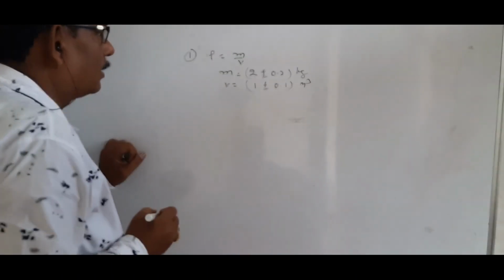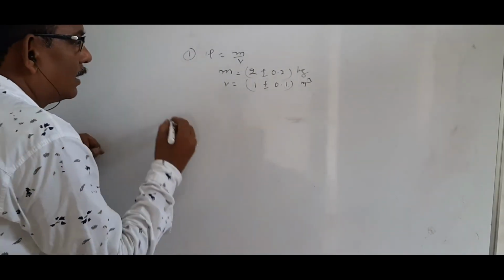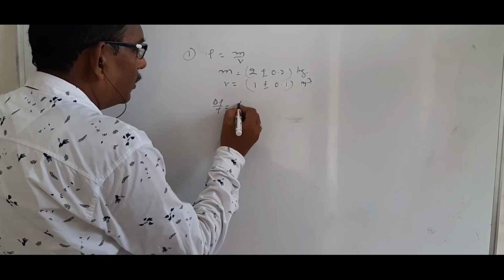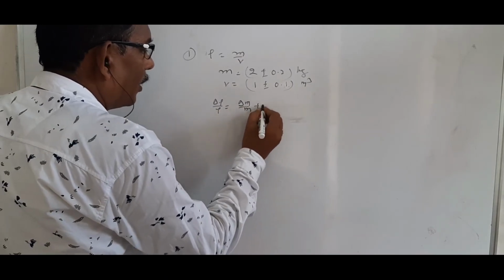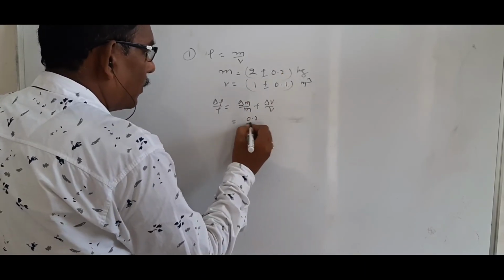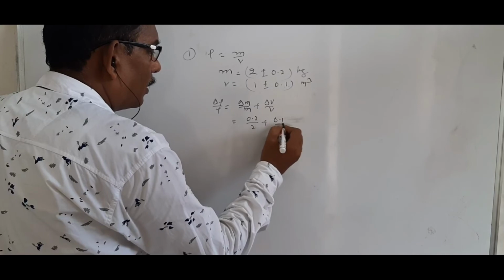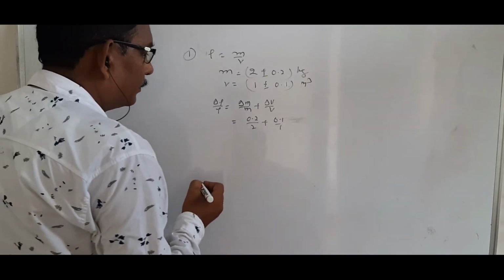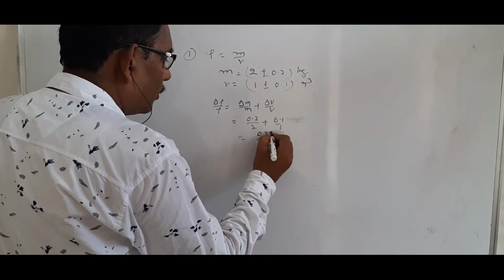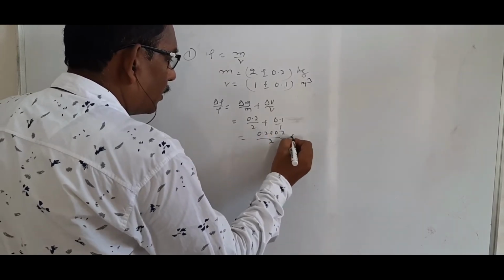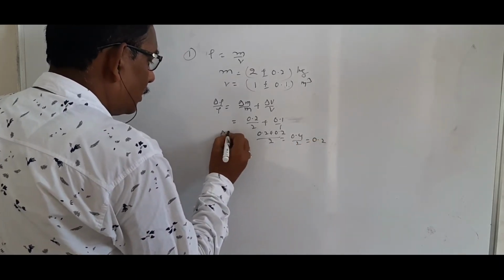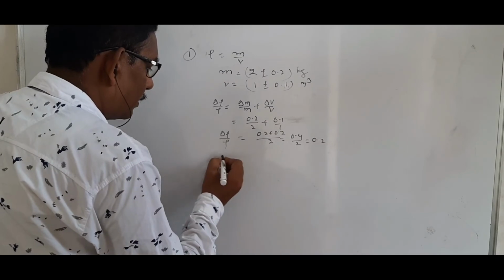So what is the relative error of density? So delta rho by rho is equal to delta M by M plus delta V by V. It is 0.2 by 2 plus 0.1 by 1, that is 0.2 plus 0.2, 0.4 by 2, 0.2. This is the relative error of density.